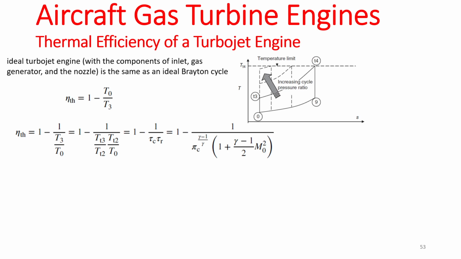And we can essentially replace tau of C with pi of C, because there was supposed to be this relationship between the two, and then tau of R is essentially the temperature ratio between the inlet and the ambient temperature, which is the ambient total temperature itself, with the ratio of the static temperature. So we can replace that with 1 plus gamma minus 1 over 2 M naught squared, the ambient Mach number, the flight velocity.